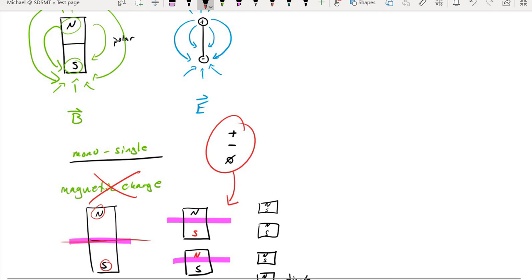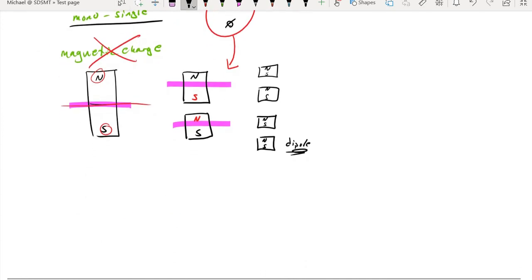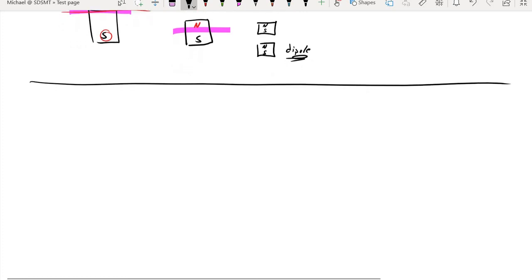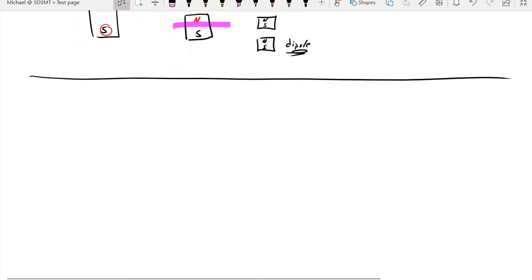Where we need to start with our discussion is at the beginning. We're basically going to go back to chapter 21 and reproduce almost everything that we've seen for the electric cases, but for the magnetic scenario.